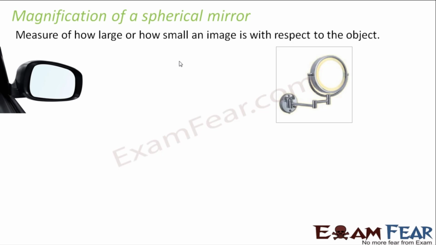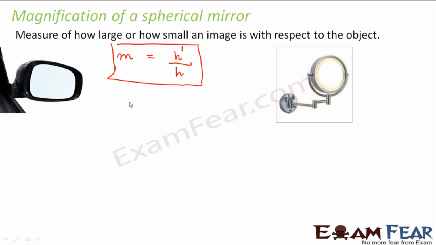So how do I express magnification? Magnification is denoted by a small m, and it is defined as the size of the image by size of the object. So h dash denotes the size of the image and h denotes the size of the object.